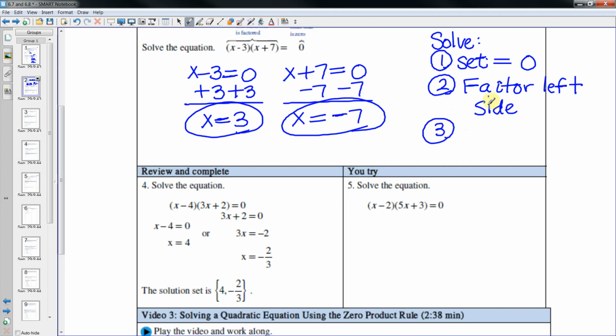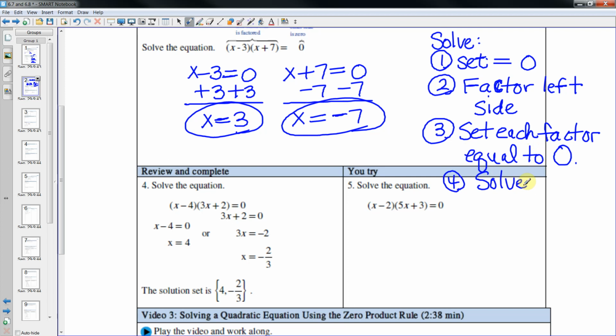So factor the left side. 3, set each factor equal to 0.